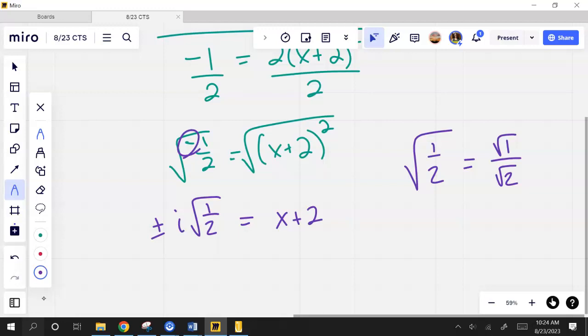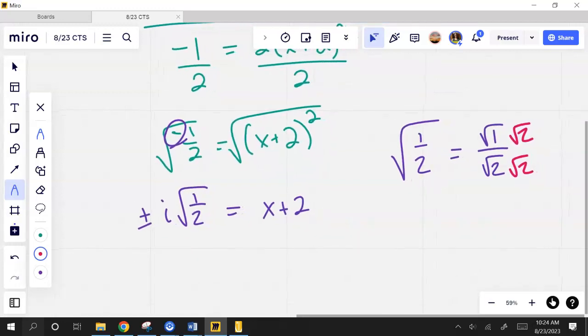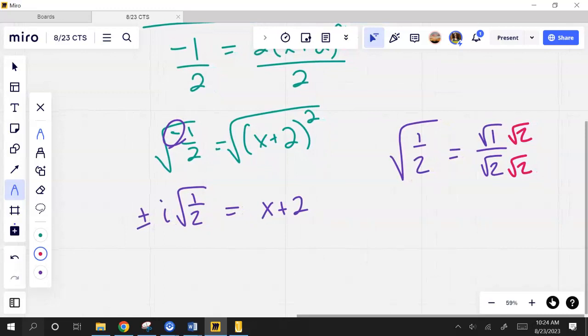That's why we can't have the i's down there either. How do I get rid of it down in the bottom? Close, multiply by square root of 2, right? Top and bottom. Square root of 4, which is, okay, so my bottom denominator would be 2.